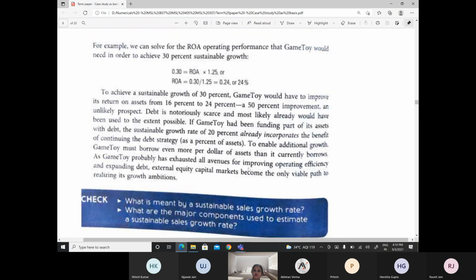For example, we can solve for the ROA operating performance that Game Toy would need in order to achieve 30% sustainable growth. So here, if we just put in the values, we can compute the ROA to be 24%. So to achieve a sustainable growth of 30%, Game Toy would have to improve its return on assets from 16% to 24%, which is a 50% improvement.